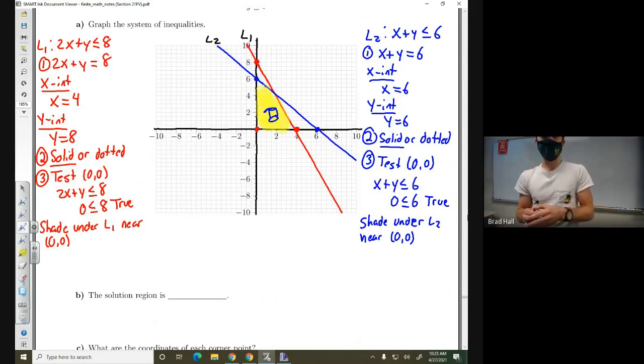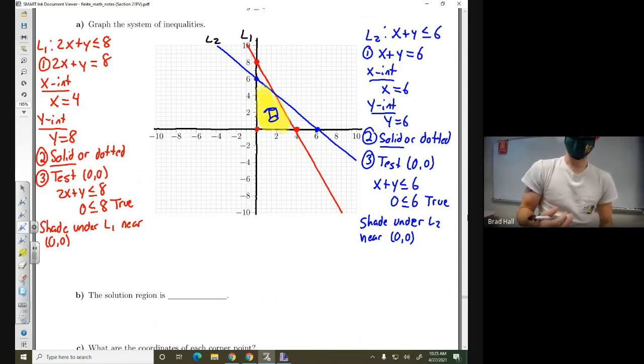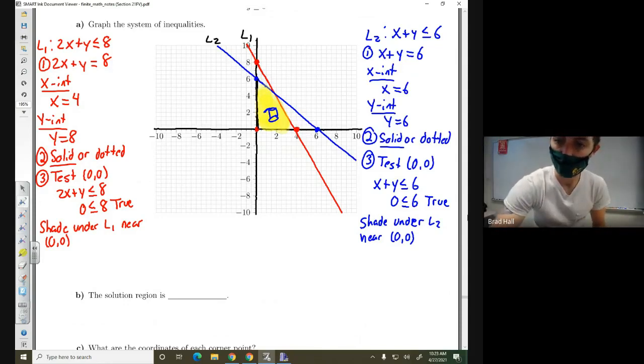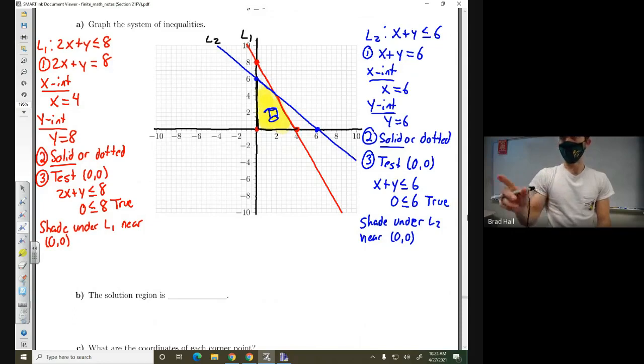So is this region we just shaded a bounded region or an unbounded region? Bounded means, is your region surrounded on all sides by line segments? Well, our shaded region has a line segment here, line segment here, line segment up here, and another one up here. This might also be intuitive as well. This is a bounded region. This region is completely bounded on all sides by line segments.